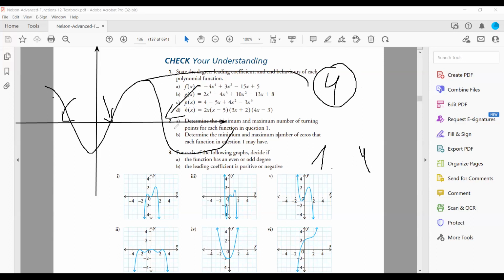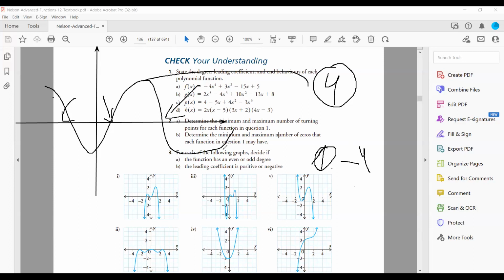Okay, for this one we have from 0 to 4 because this is an even degree, and there are cases when an even degree function may not intercept the x-axis, so we won't have any roots. So from 0 to 4 is the number of roots for this function.